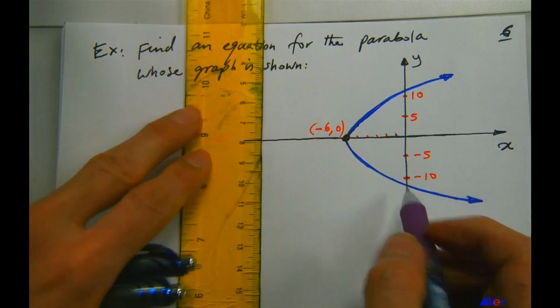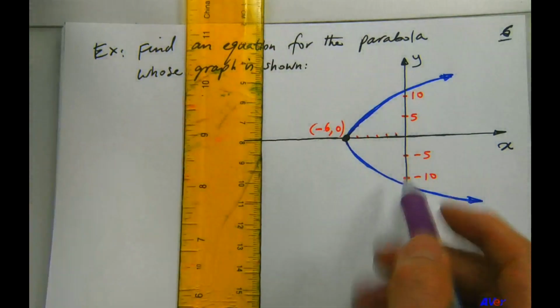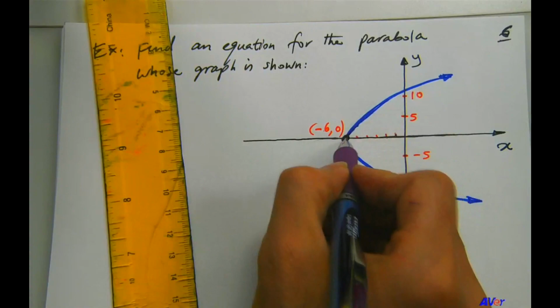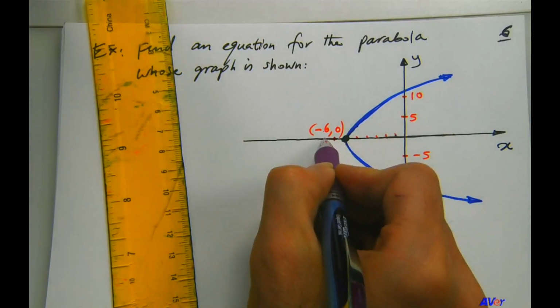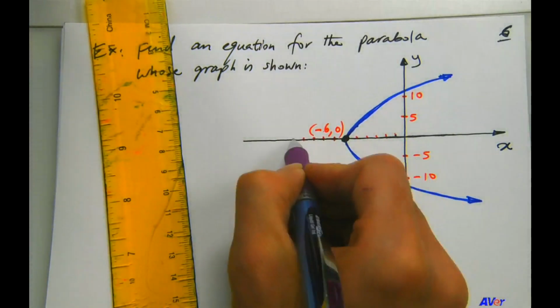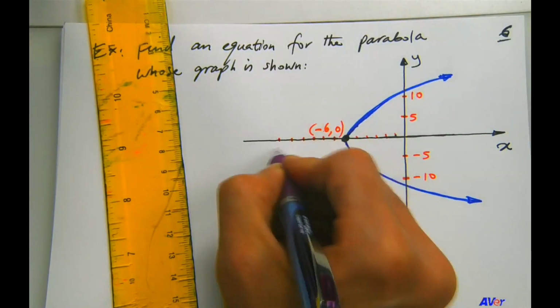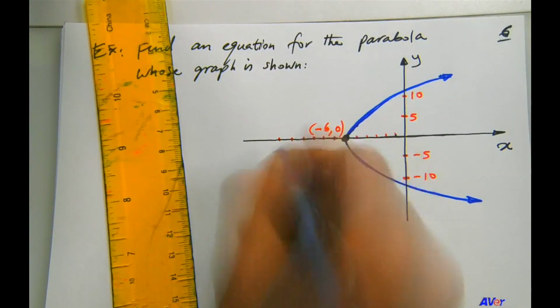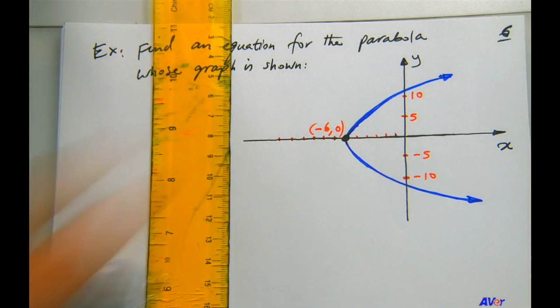The directrix is at x equals negative 12, so that's negative 6, negative 7, 8, 9, 10, 11, and 12. And so let me draw that.